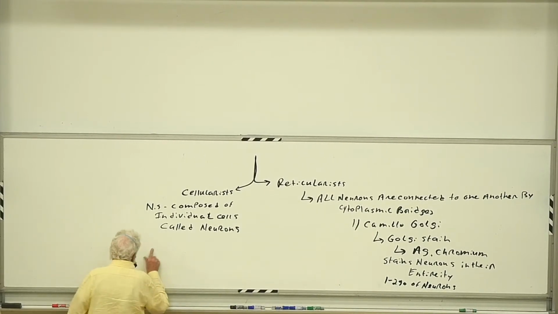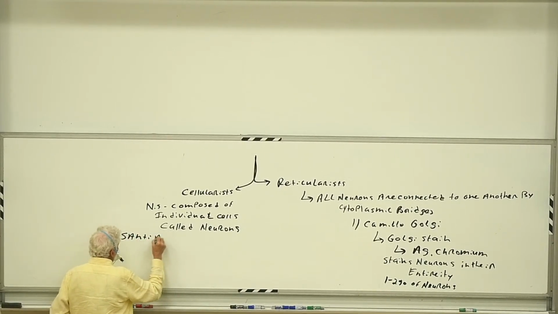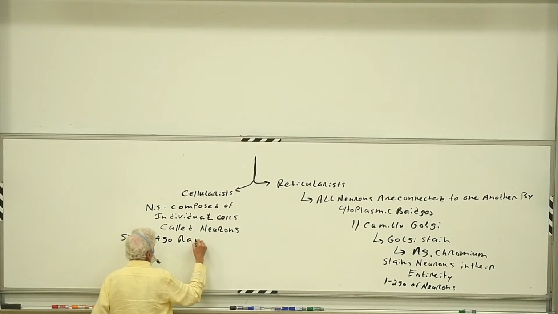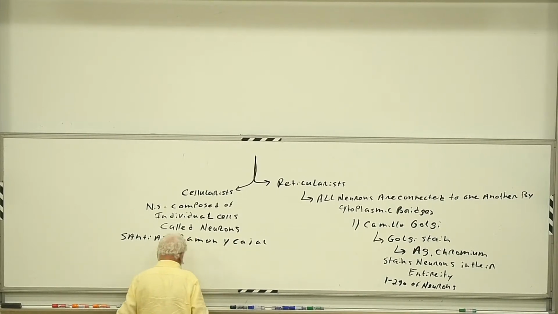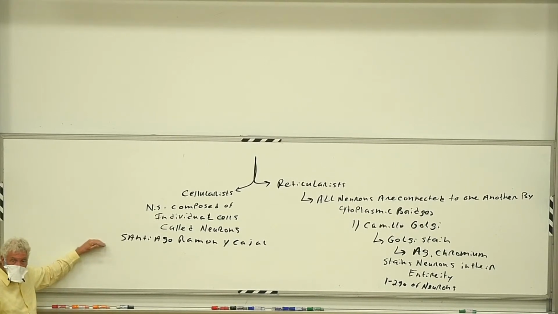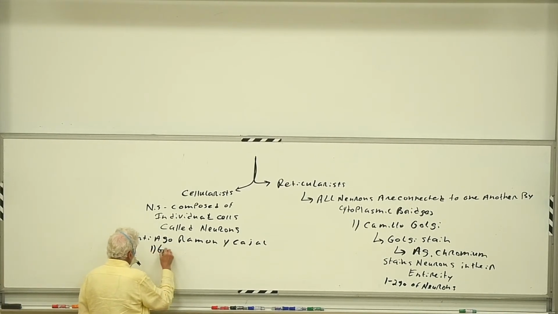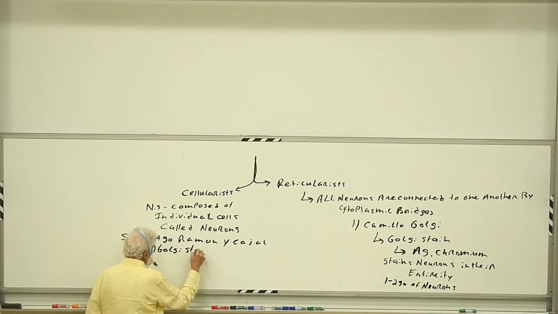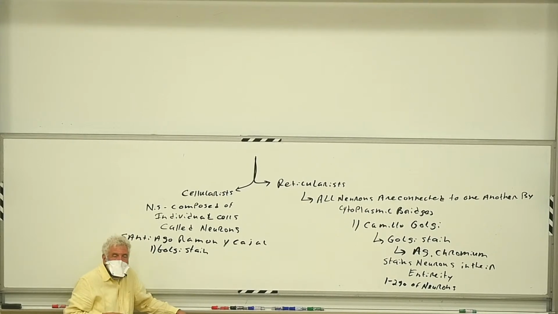There was a fellow named Santiago Ramón y Cajal. And unlike Golgi, who was working pretty much at the heart of the scientific universe, Cajal was working in Spain. It was pretty much on the outskirts. And he used the Golgi stain. He modified Golgi's technique a little bit, but not very much.